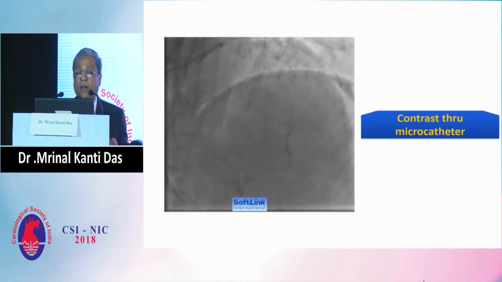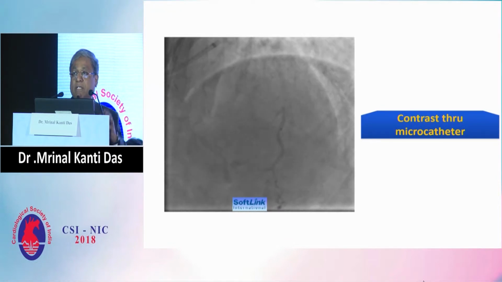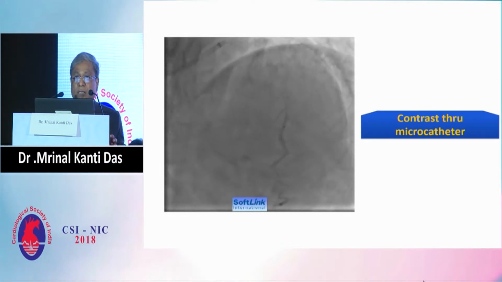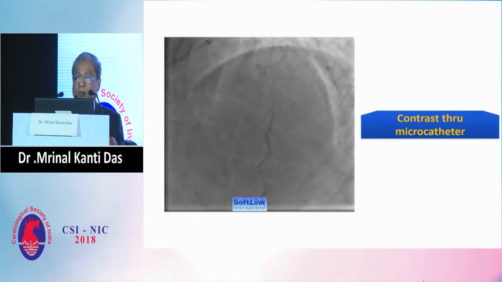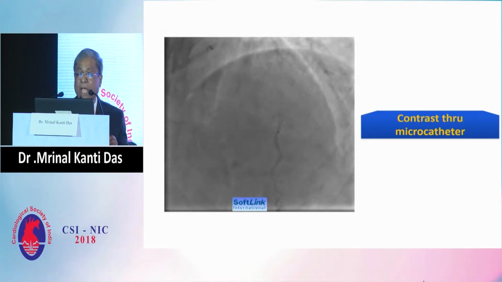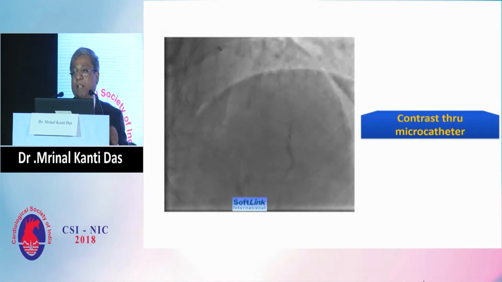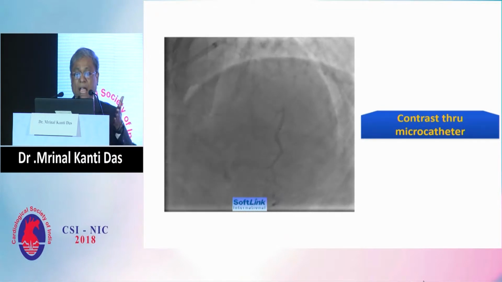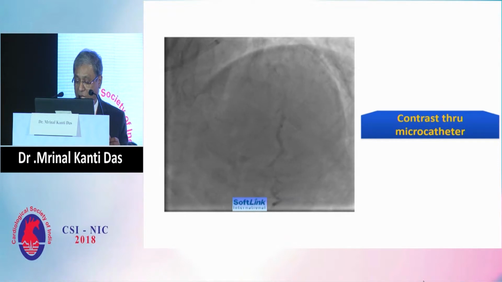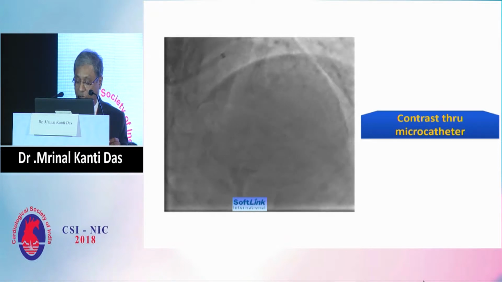But we thought that let us find out something since we didn't want to use the thrombosuction catheter. So we put a microcatheter, and at different levels we put the dye and found out at which level there was no occlusion. As you can see here, at this particular point, beyond that there was no block.